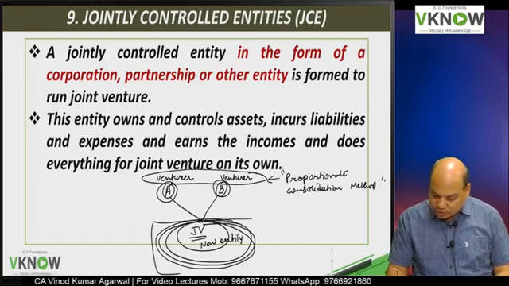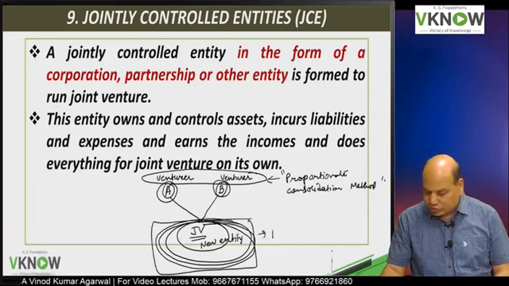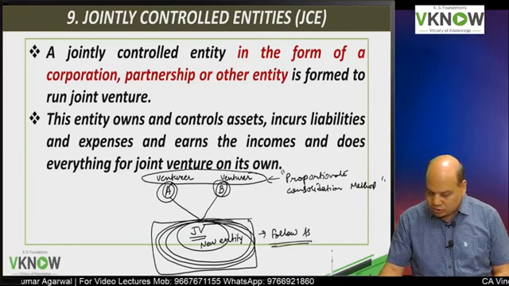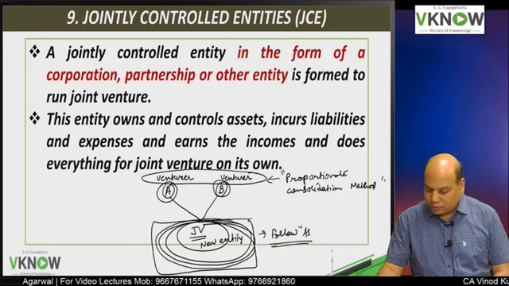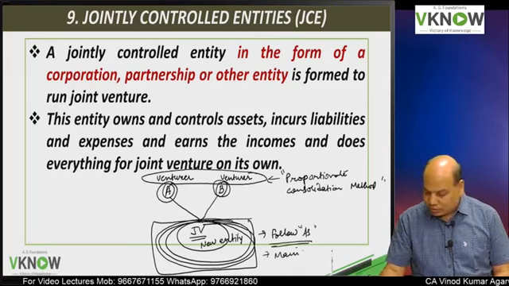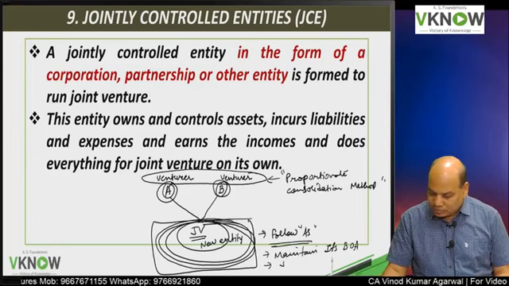As far as this new entity is concerned, it will follow all accounting standards as usual. It will maintain its own books of account. It will prepare its trial balance.